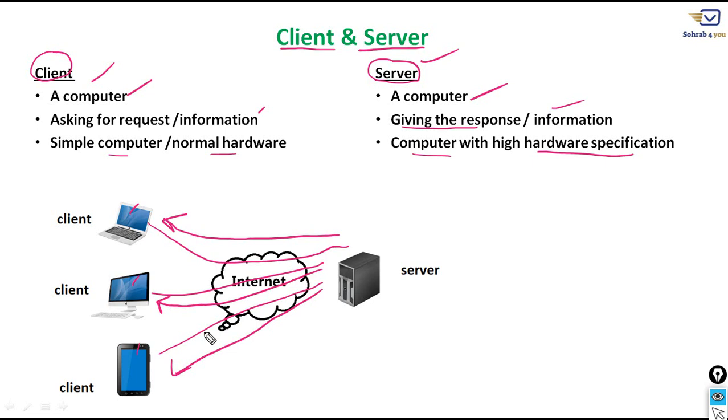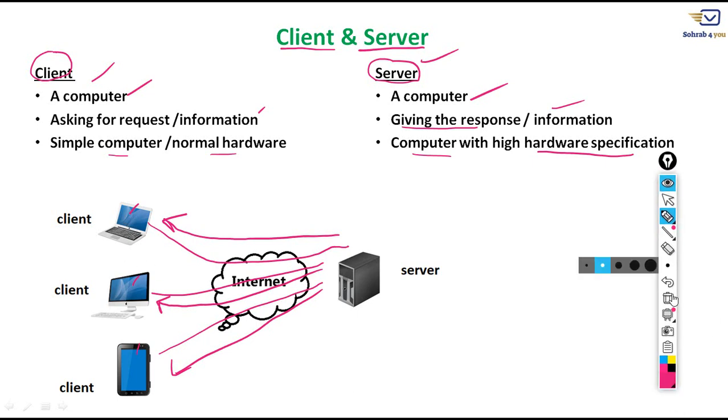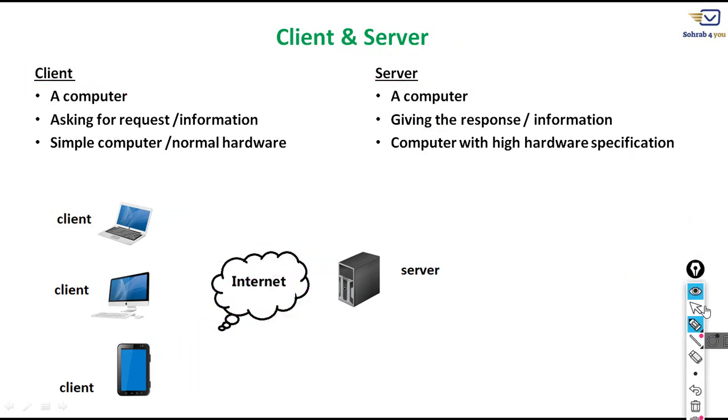A client is a simple computer with a normal hardware configuration. For servers, they pick computers that are very intelligent, with a lot of storage and memory, and very fast. So this is about client and server. Let's move to the next.